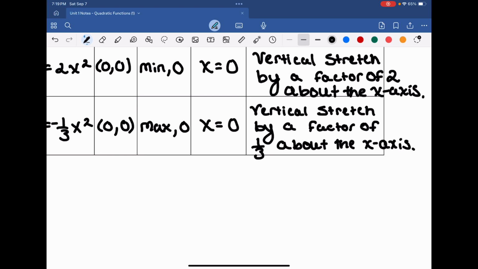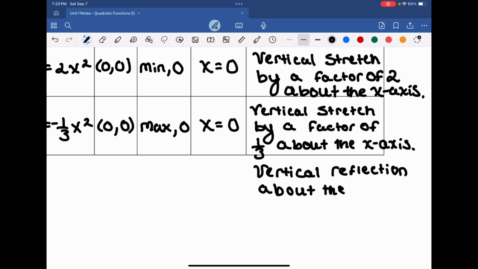Additionally, we want to say that there was a vertical reflection about the x-axis. So two things going on there. Not only was it vertically stretched, but there was a vertical reflection because of the negative.